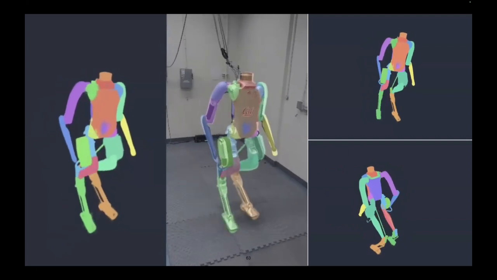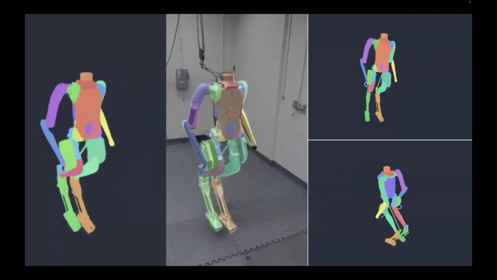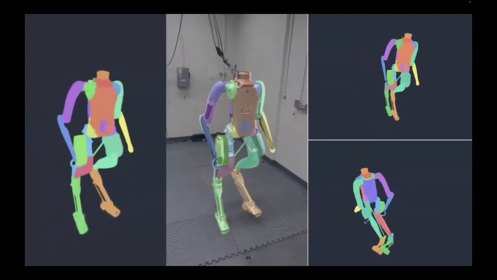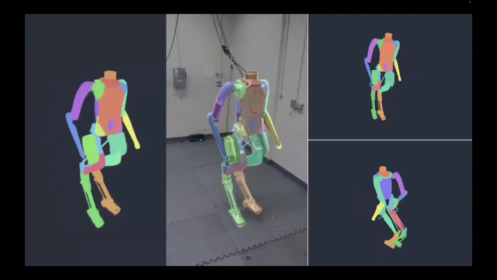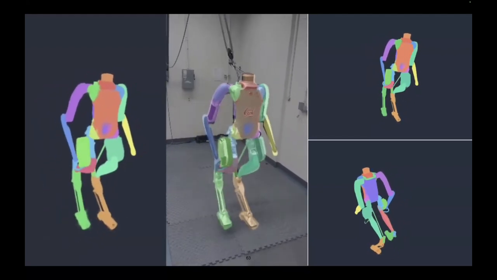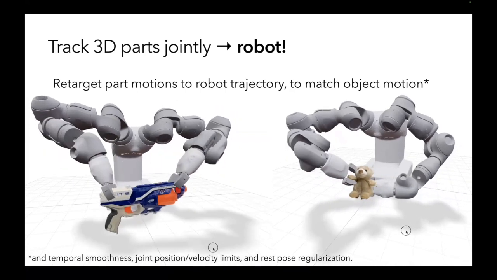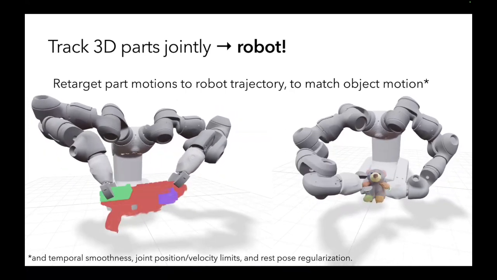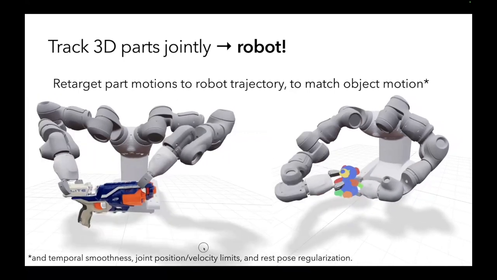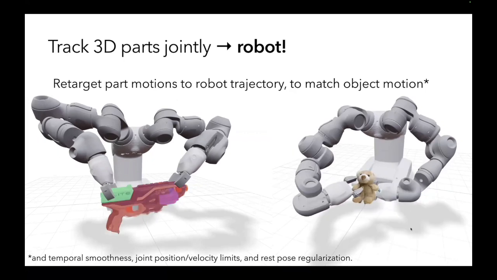We're doing all of it with DINO, which is good, but it's not perfect. But then this known 3D template really helps you resolve the ambiguity to a degree and actually get these kinds of results. Okay, of course, once you have this, then you do your robot trajectory optimization so that the motion that is exhibited on the part is reconstructed as well.